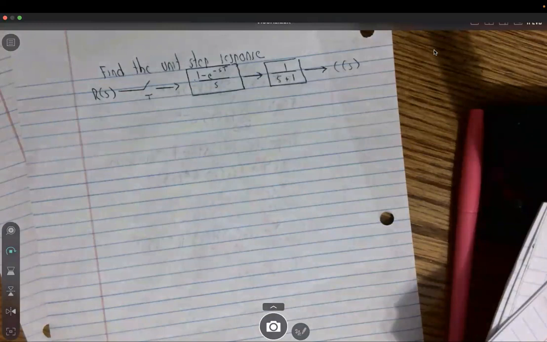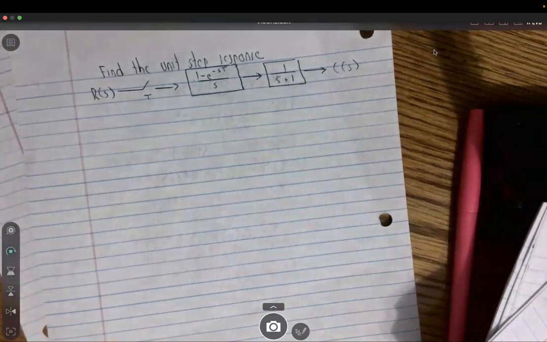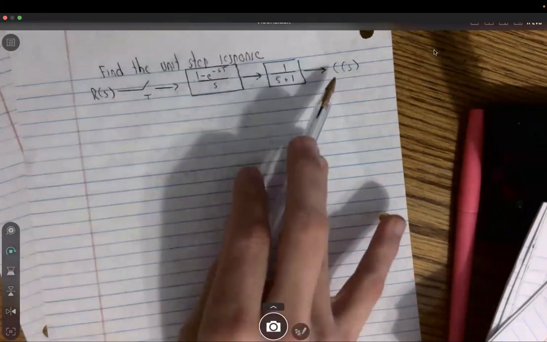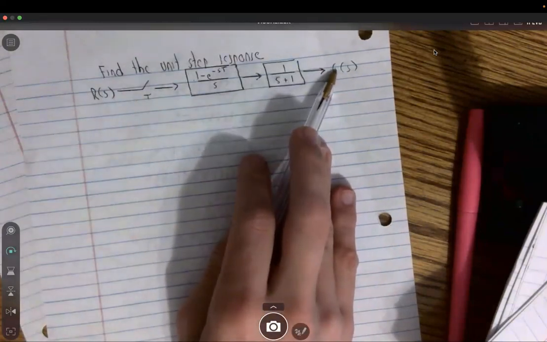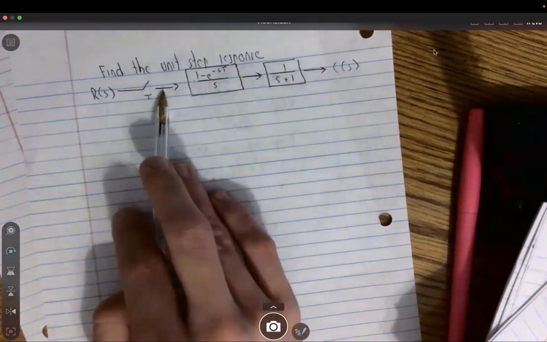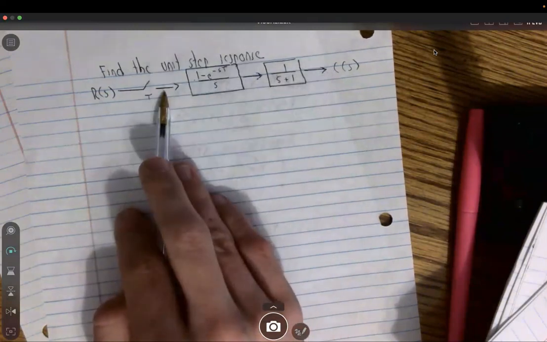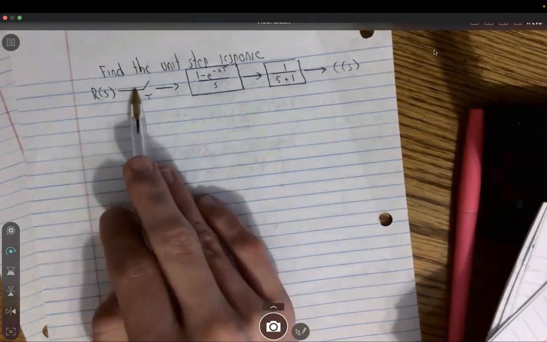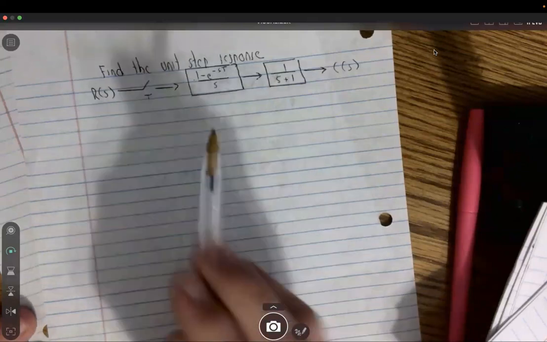The first thing is to find an equation for the output, relating it to the output of the switch. The other one is usually an equation for the input to the switch, but here we just have R of S for the input.